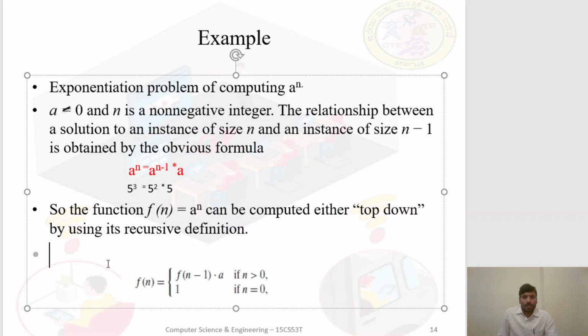Hence, by establishing the relationship of this function, we can define this as a recursive function or definition: f of n equals f of n minus 1 into a when n is greater than 0. Otherwise, it will be 1 if n equals 0.